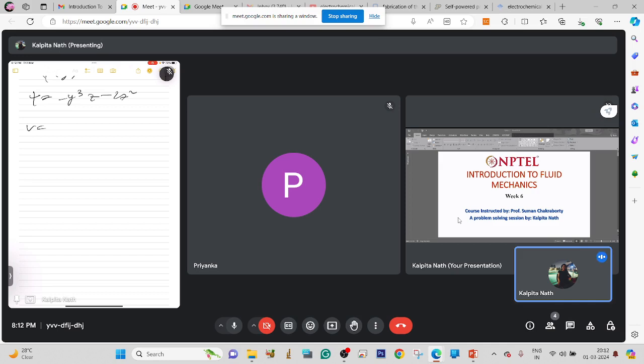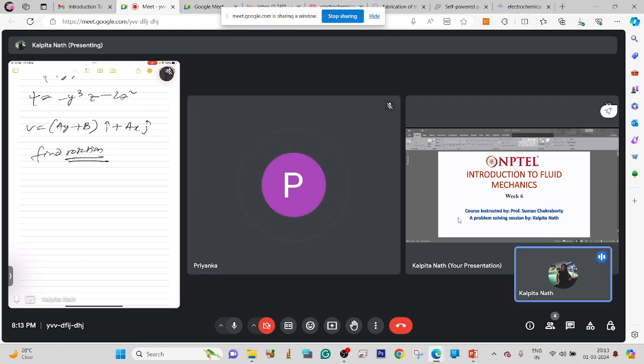If v is ay plus b i cap plus ax j cap, can you find the rotation? Whether this flow is rotational or not. Okay, so I'll come back in 1 minute, you solve.